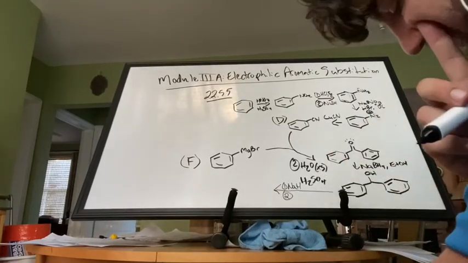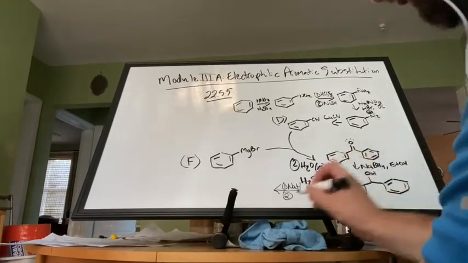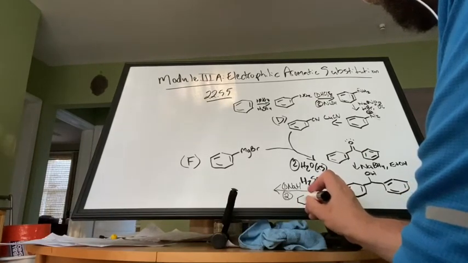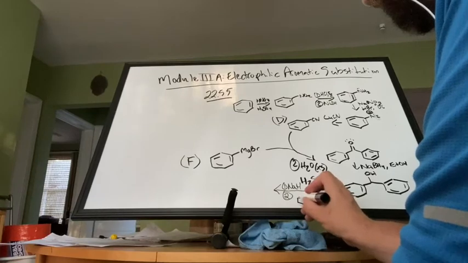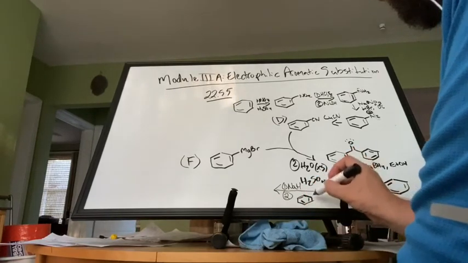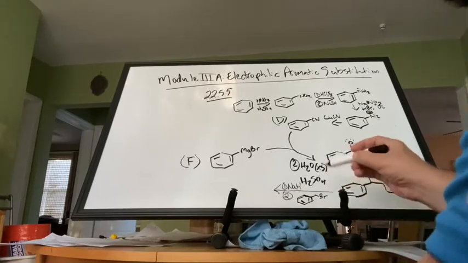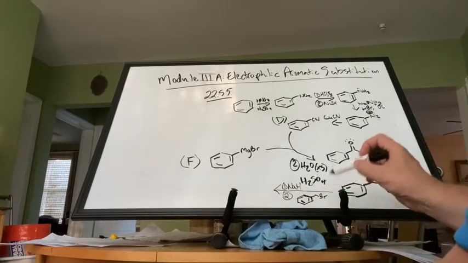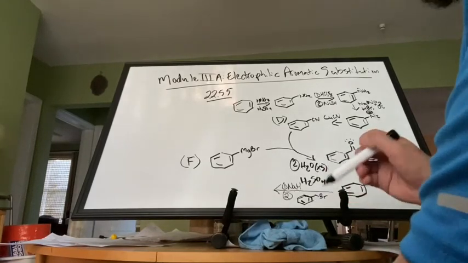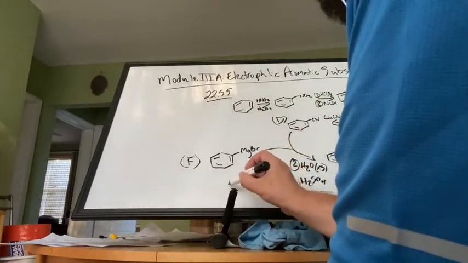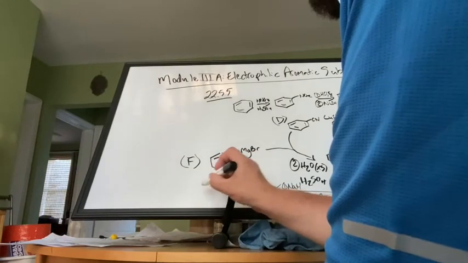For the second step, you're going to add bromobenzene. In other words, this is going to be Williamson ether synthesis. So in the end, you will have this product.